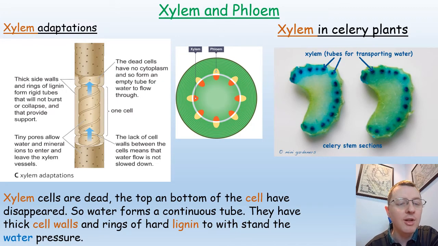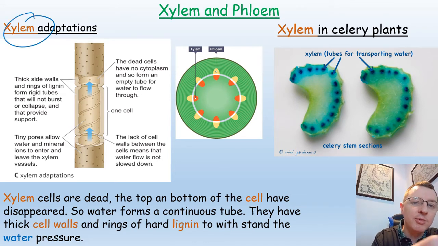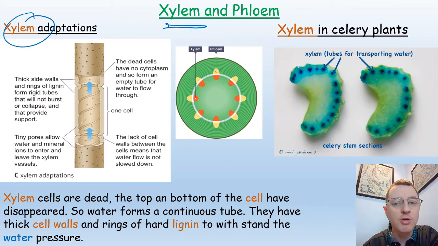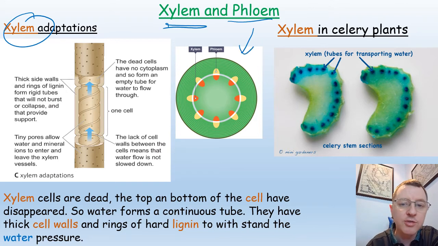The next cell on our list is found in the stem, and it's known as the xylem cell. There is a partner cell next to it known as the phloem. In fact, if you sliced a stem in half, you would see a cross section that looks like this, where you have the phloem cells on the outside of the stem, and on the inside of the stem you have the xylem cells.